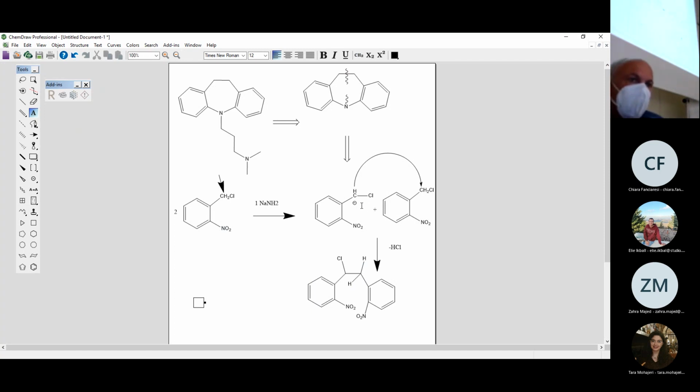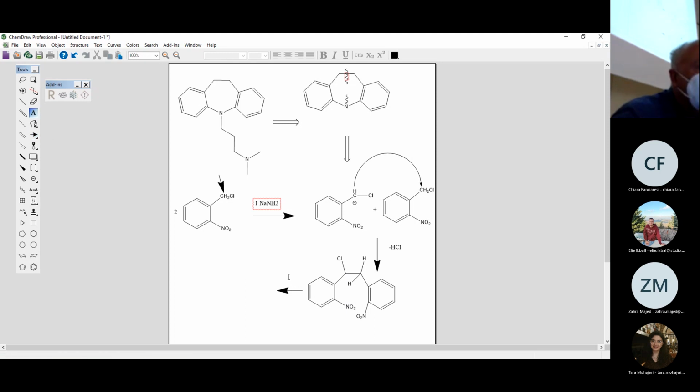So we have a nucleophilic attack on the starting reagent, you see, to give the formation of the first carbon-carbon bond. At this point, we are in a very basic condition. It is possible to have a loss of another molecule of hydrochloric acid.